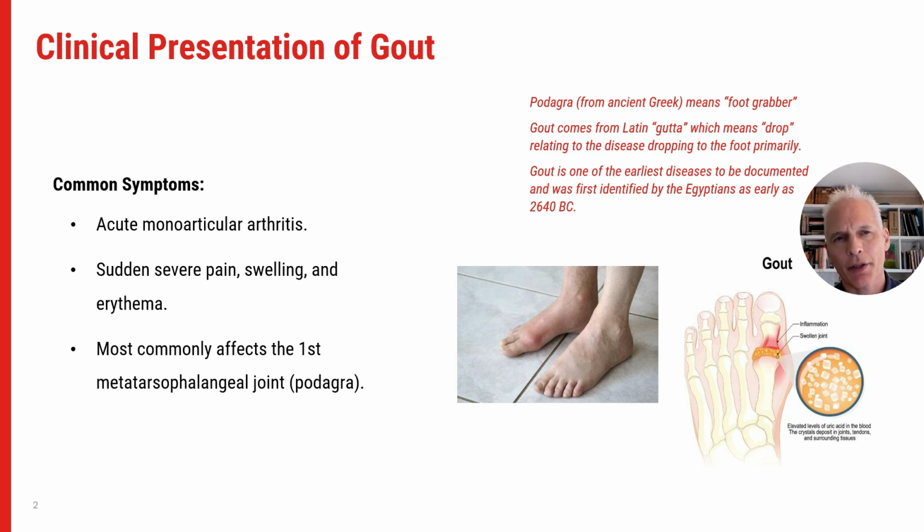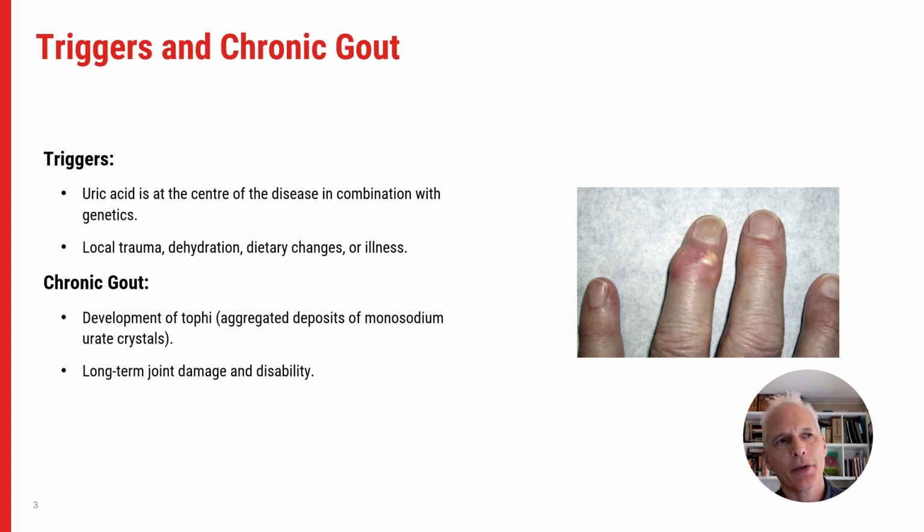So this relates to the fact that this disease appeared in the early days as though it was dropping to the foot primarily, and hence the name gout. Gout is one of the earliest diseases to be documented, and was first identified by ancient Egyptians as early as 2640 BC.